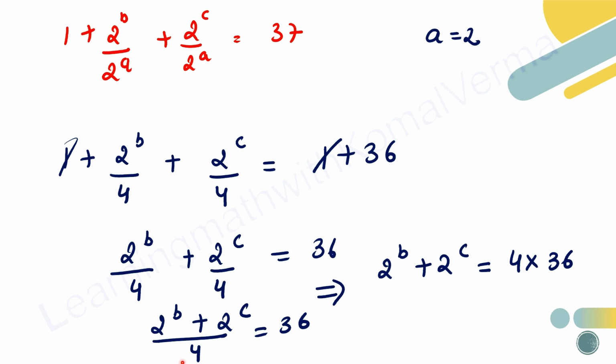Now we take 2 raised to the power b common from this. We get 2 raised to the power b, and here it is 1 plus 2 raised to the power c upon 2 raised to the power b, that is equal to 4 into 36.